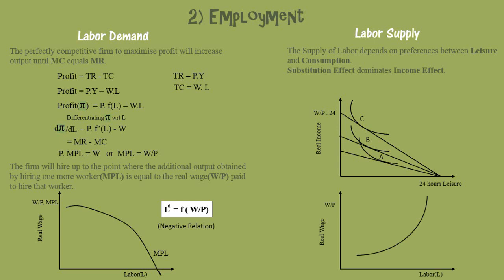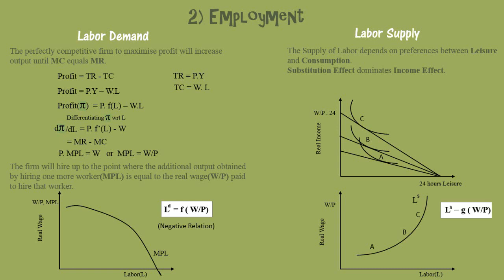So given these theories, let us draw the labor supply curve. We substitute these points A, B, C in this labor supply schedule, and we get this upward sloping labor supply curve. That means that as my real wage increases, my labor supply will also increase, given that the substitution effect dominates the income effect.